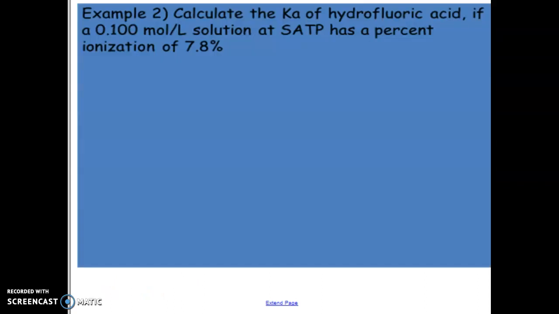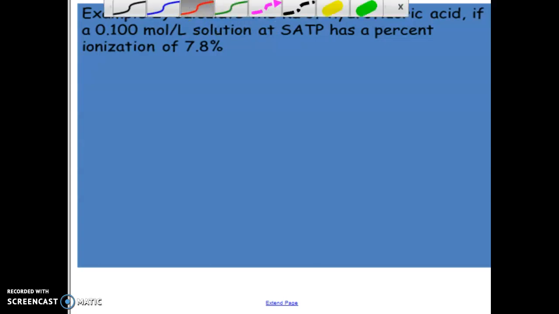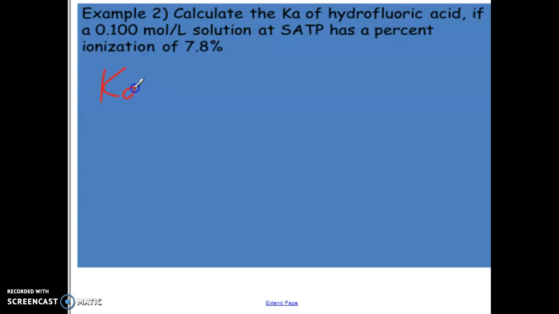Okay, so let's take a look at another example, looking at another weak acid equilibrium. Calculate the Ka value. So we're looking for Ka for hydrofluoric acid, which is a weak acid.